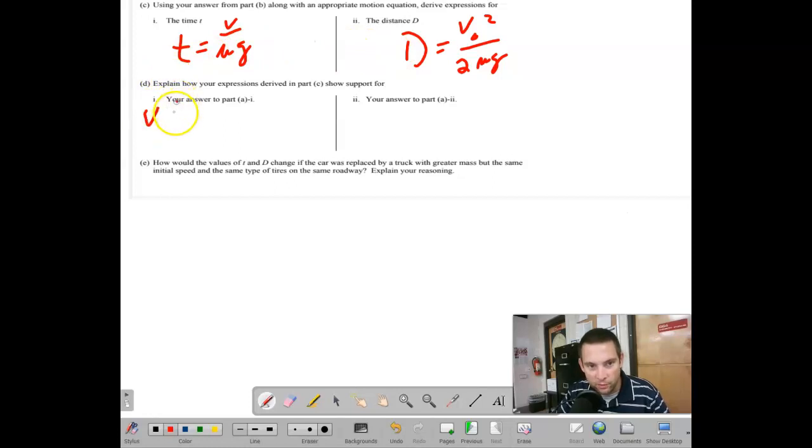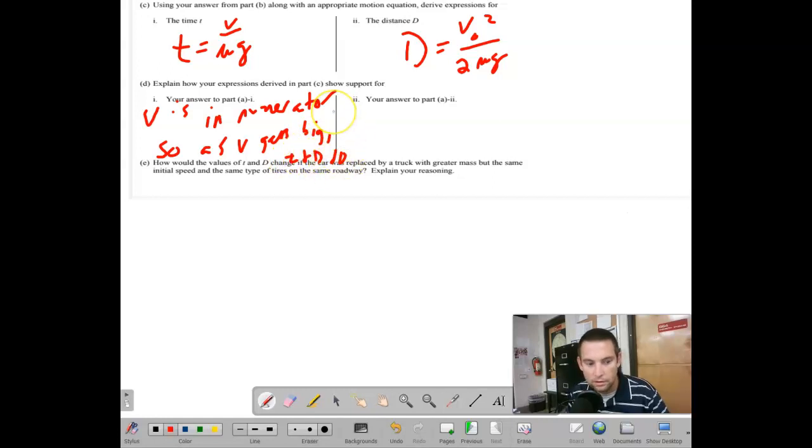So as v gets bigger, t and d do too. Okay, so more velocity, more displacement. More velocity, longer time.